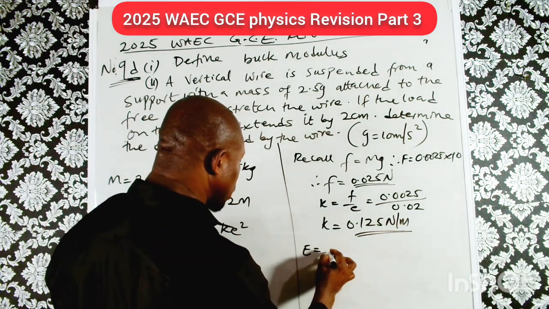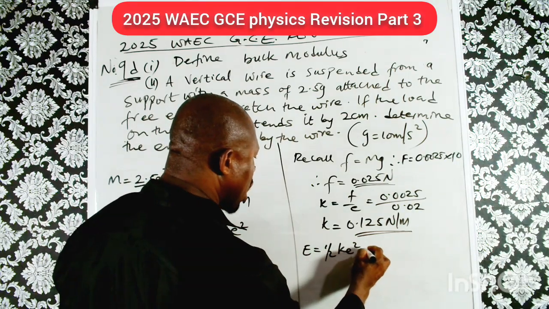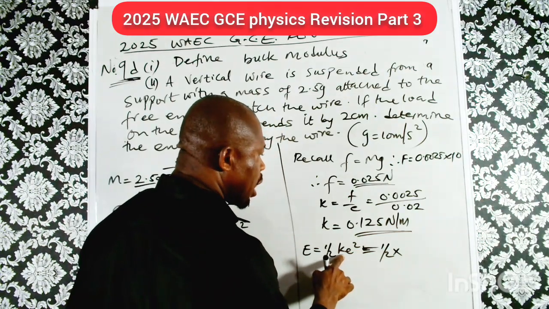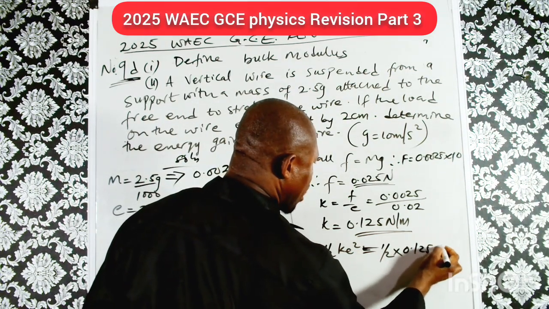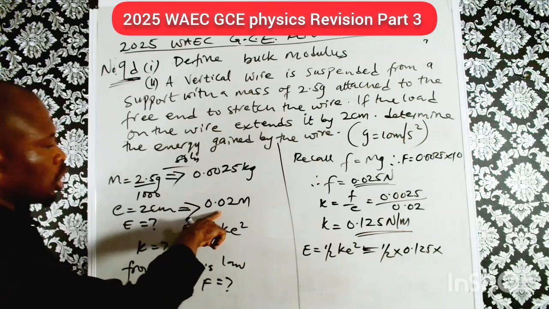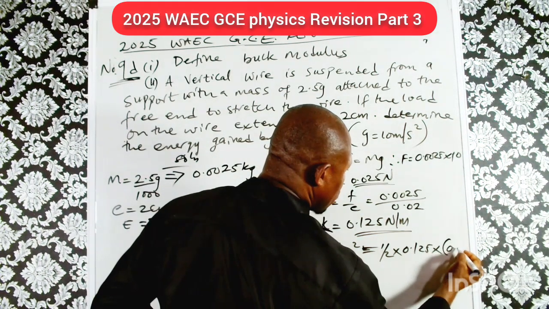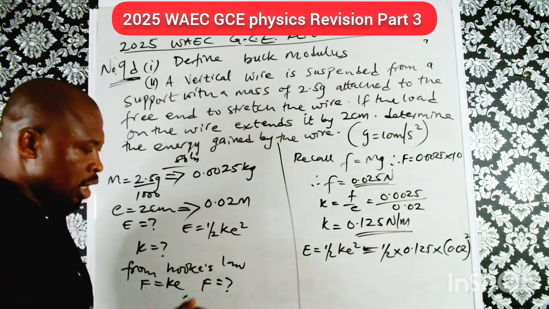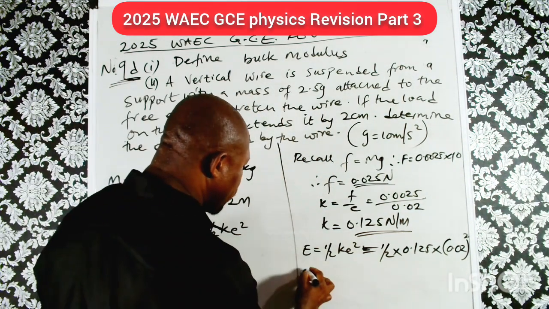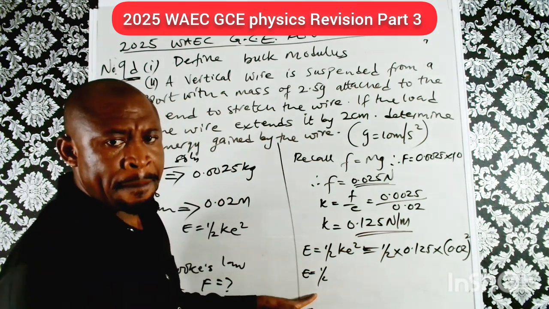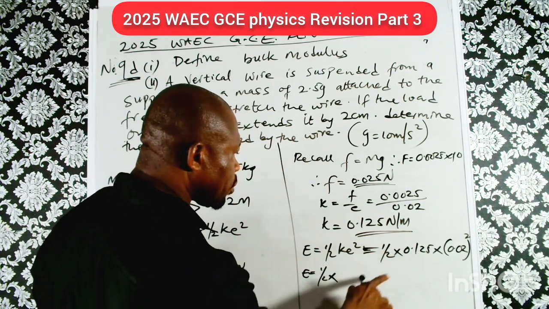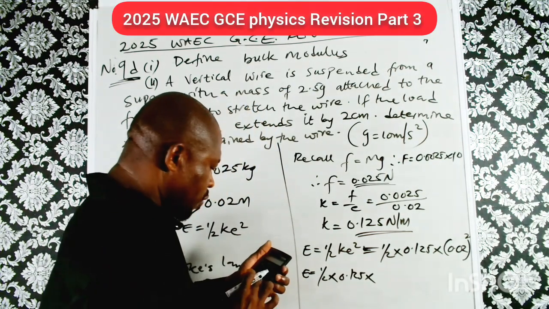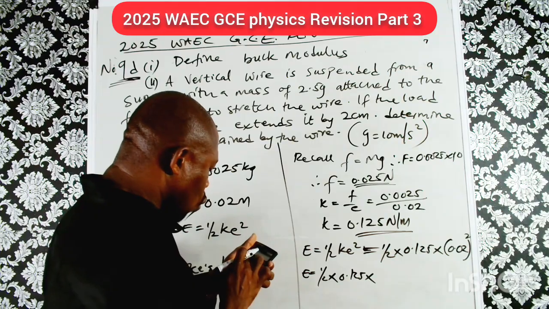Energy stored is half Ke squared, which is half times K, 0.125, multiplied by e squared, 0.02 squared.